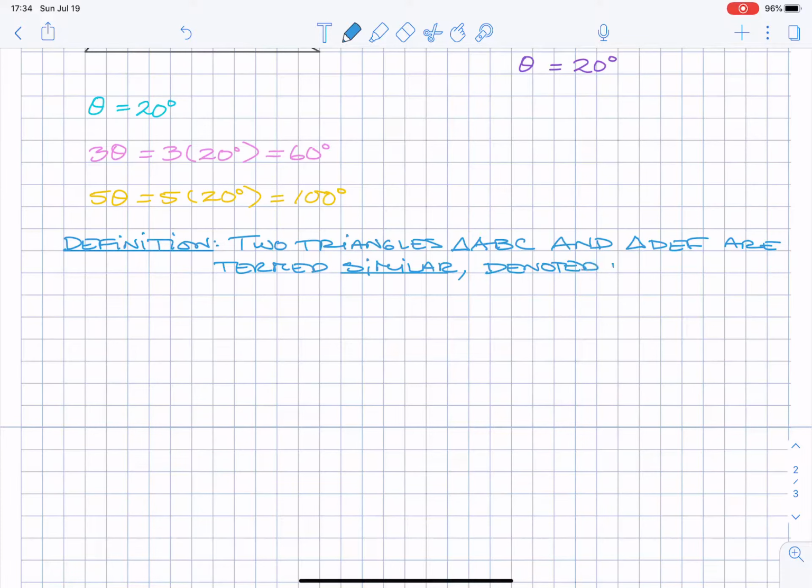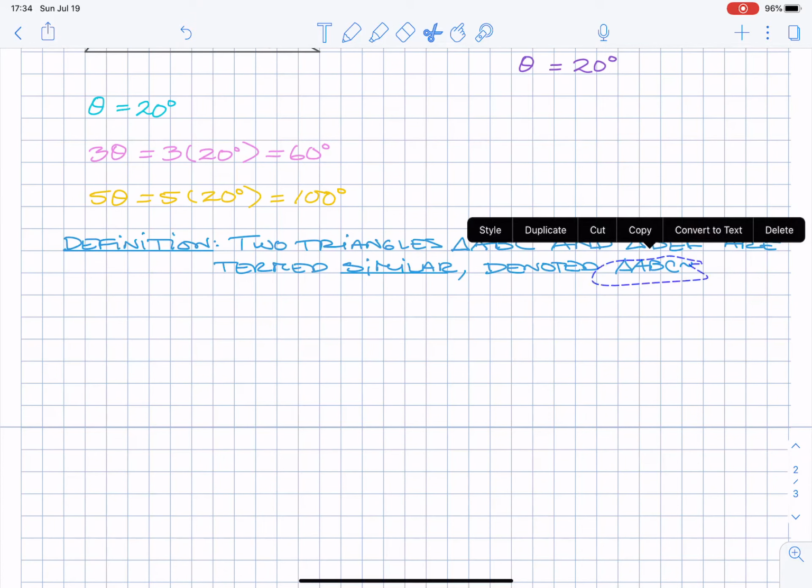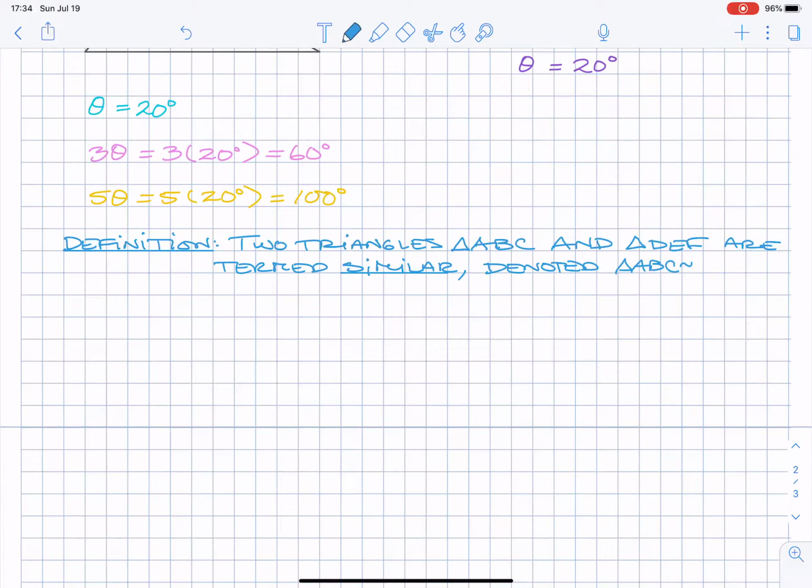Denoted simply, triangle ABC, squiggle, triangle DEF. So that's the symbol for similar.